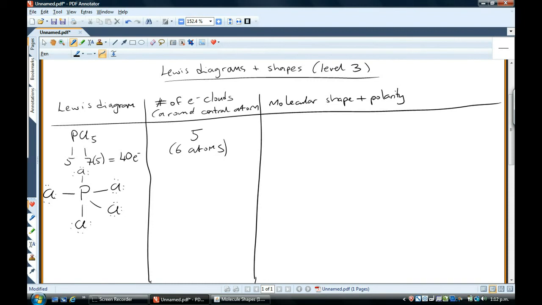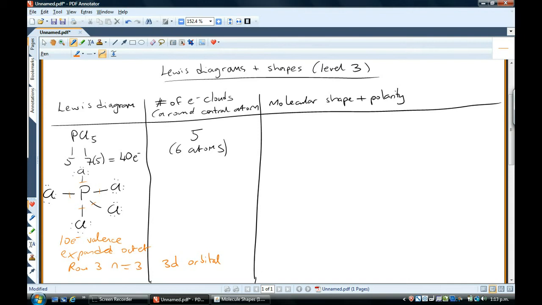Now the interesting thing which arises here for the first time in level 3 is this idea of an expanded octet, because if you notice the phosphorus has 2, 4, 6, 8, 10 valence electrons, which means it has an expanded octet. And an expanded octet is only possible for row 3 or energy level number 3 because of the 3d orbital, which can accommodate up to 10 electrons.